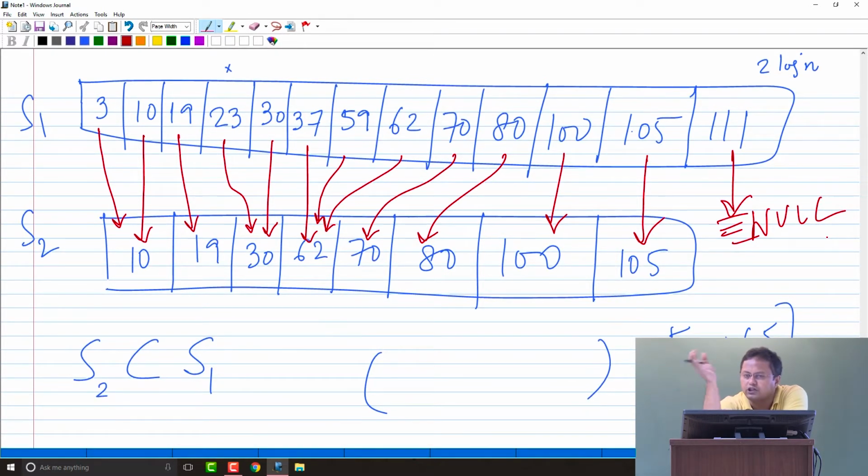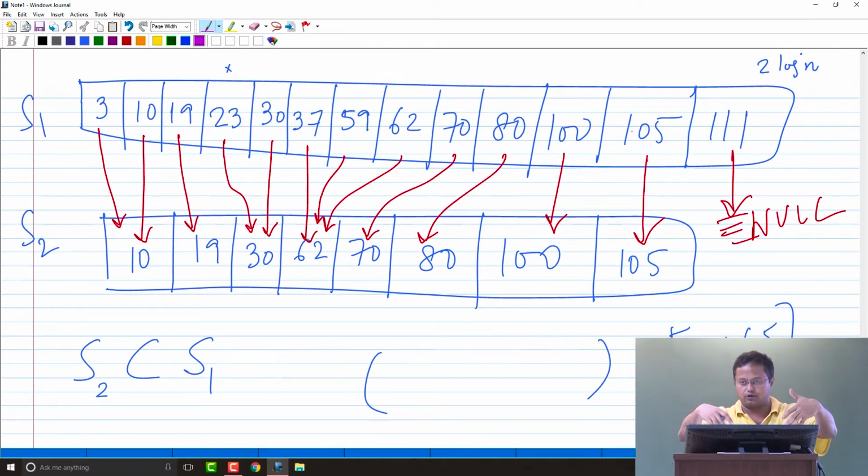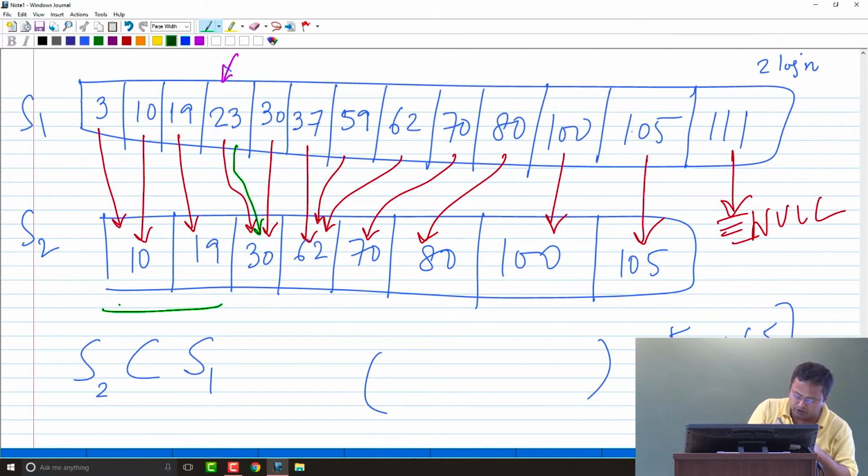Okay. Now think of a search with this range 20 to 65. What will happen? So, what you have done is you have stored a 1D range tree over this set of numbers S 1, no. Then you will do a binary search, get a split node and hit 23. The moment you hit 23, you know there is a pointer, and this part of S 2 I do not need to look at, right.